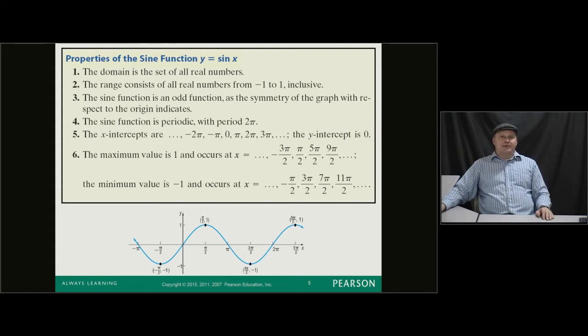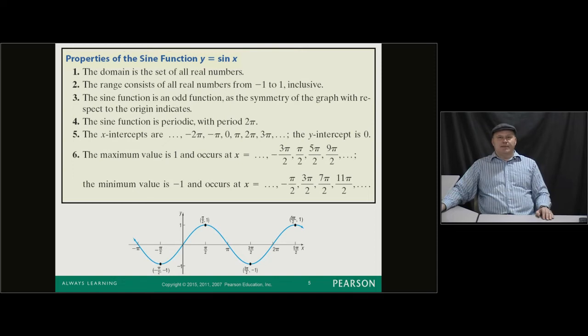The maximum value is 1, and it occurs at the odd multiples of pi over 2, like pi over 2, 5 pi over 2, 9 pi over 2. And the minimums occur at 3 pi over 2, 7 pi over 2, and 11 pi over 2.